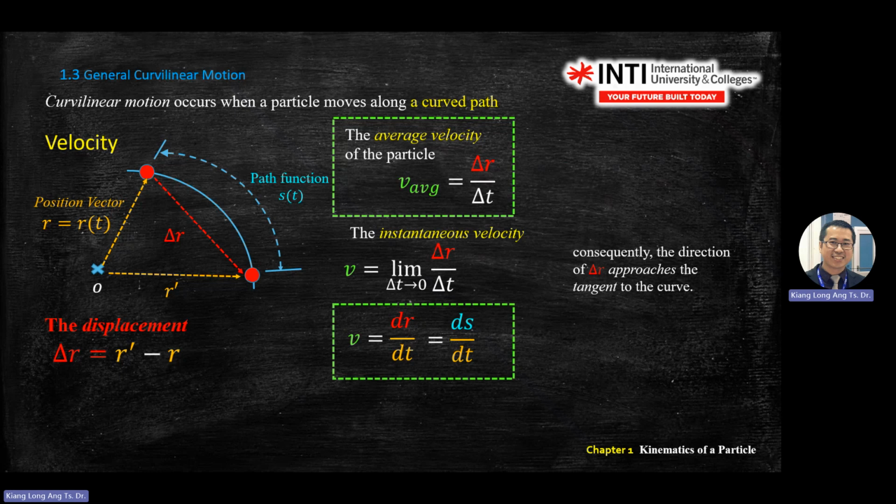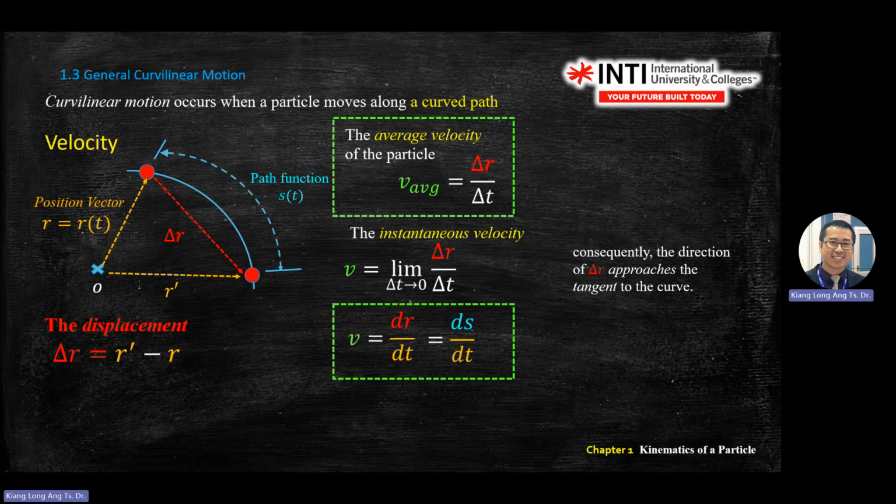I put ds here. We assume this angle is very, very small, in radians. You learned about the section of the circle in radian form. This is S, this is R, radius, radius, and this is the circumference.